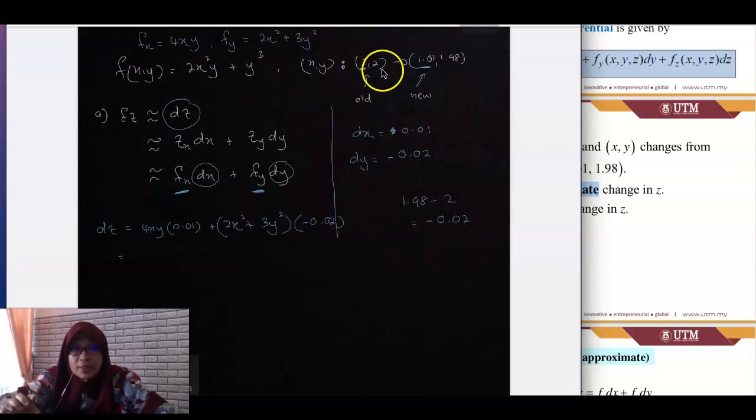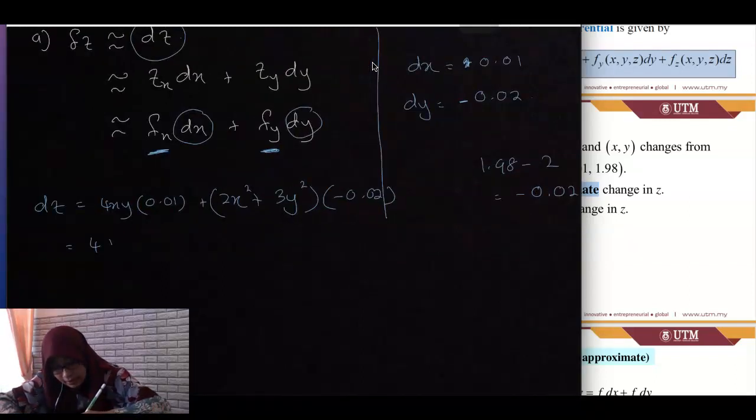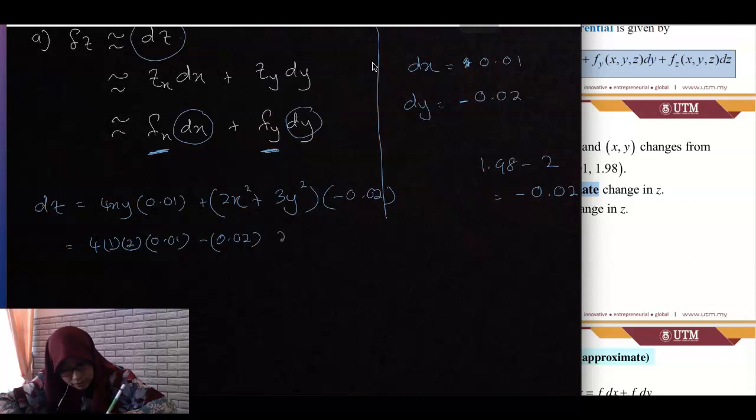You have to use the old one, the original one, because your changes are already defined in your dx and your dy. I repeat, when you want to evaluate x and y into your dz, you have to use the original one, which is 1, 2. So 4, x is 1, y is 2, multiplied by 0.01, and you have negative 0.02, multiplied by 2 times 1 squared, plus 3 times 2 squared.